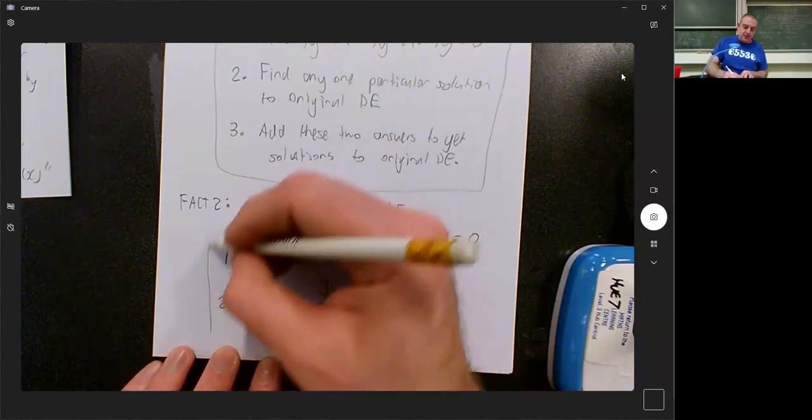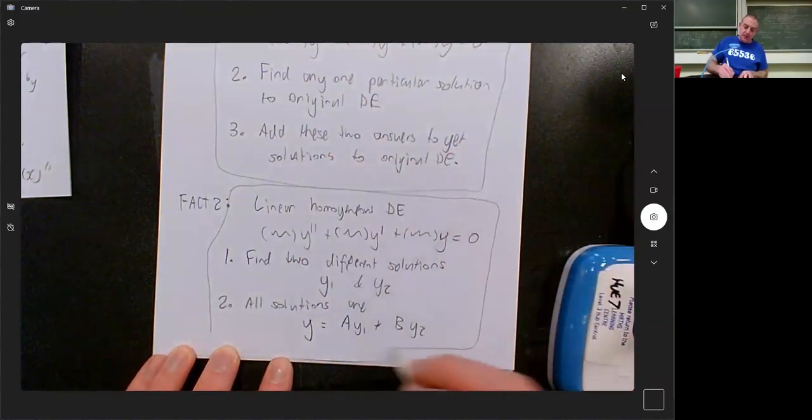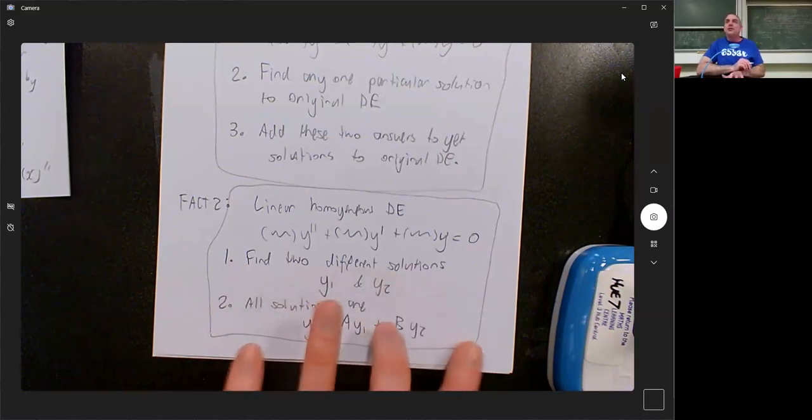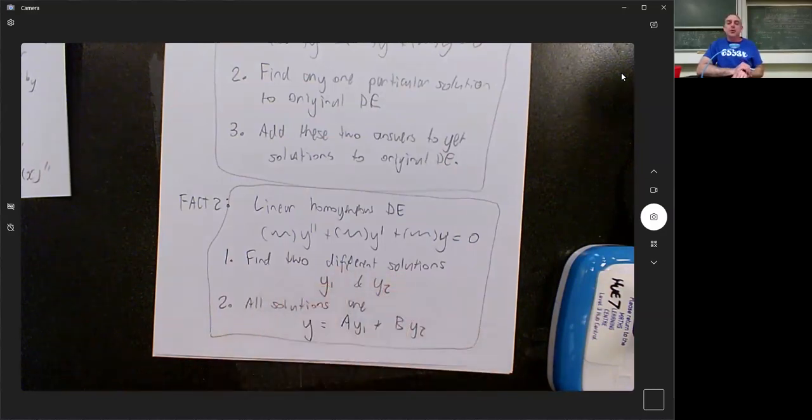That is fact number 2 about linear homogeneous second order DEs. If they were third order, there'd be 3 solutions and you'd have to combine 3 of them. And if it was fourth order, there would be 4 solutions and you'd have to combine 4 of them.